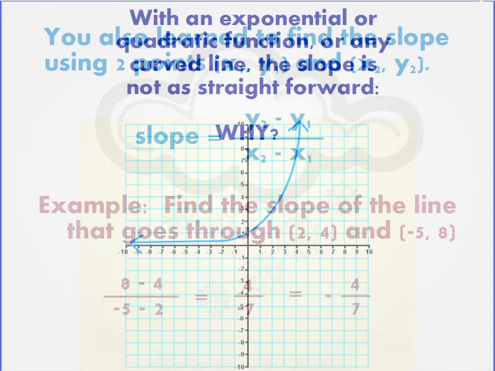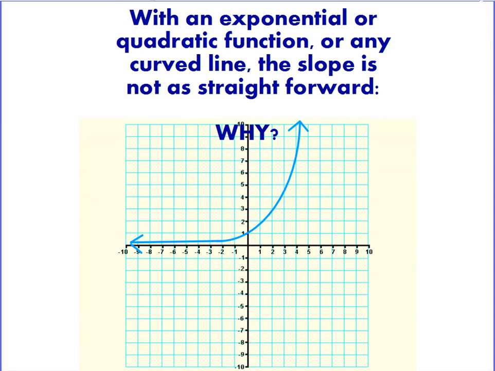But now we're not dealing with linear functions anymore. Here's the graph of an exponential function. Why do you think the slope will not be as straightforward this time? Well, if you take a look at this section of graph, it has a very small slope. It's increasing very slowly.